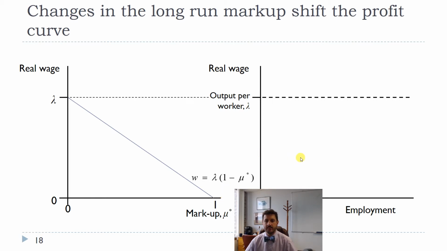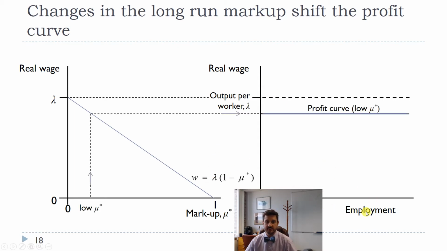What we want to think about is how the real wage and employment are related to how much the workers get versus how much the firms get. On this graph over here on the right, we have employment on our horizontal axis and output per worker, the same vertical axis as over here. If profits are low, then the firm gets only a small profit.